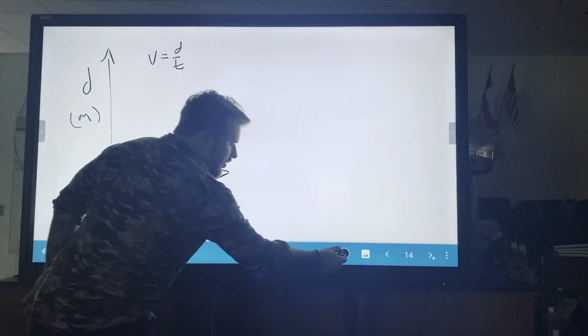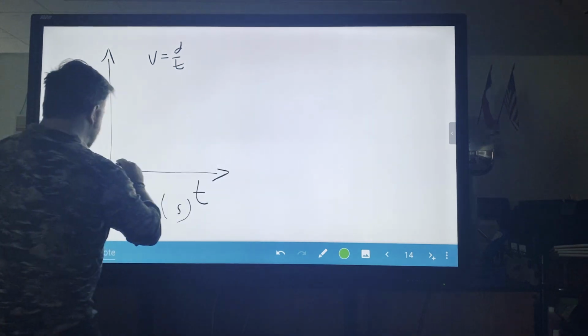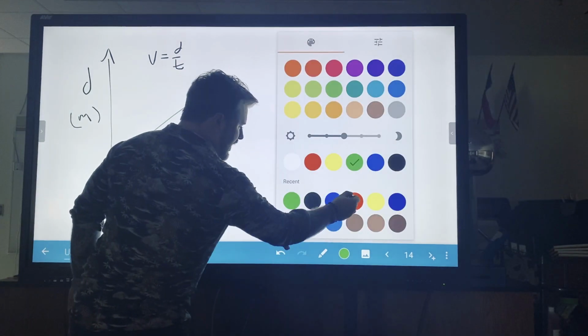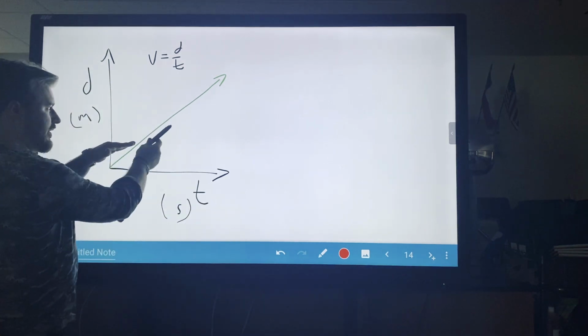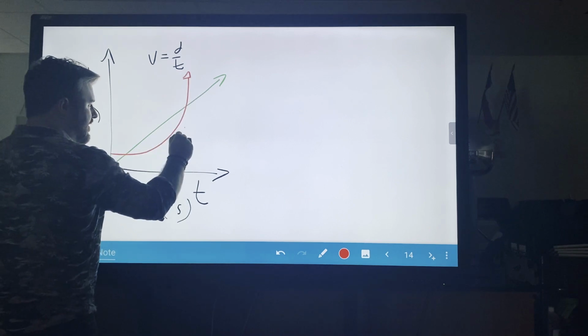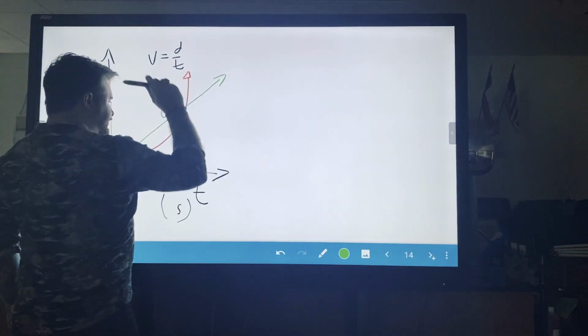Now, what does a graph of constant velocity look like? Right here, constant velocity. What does a graph of acceleration look like? If I'm starting slow and going fast, I'm curving up. That's acceleration, right? This is constant.